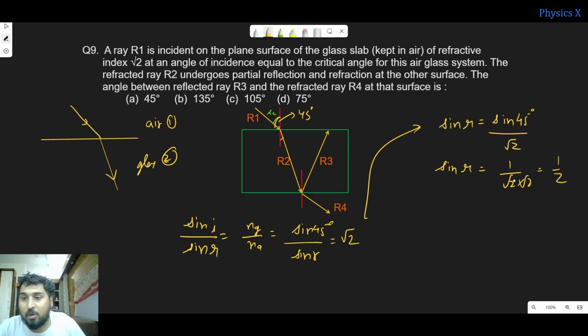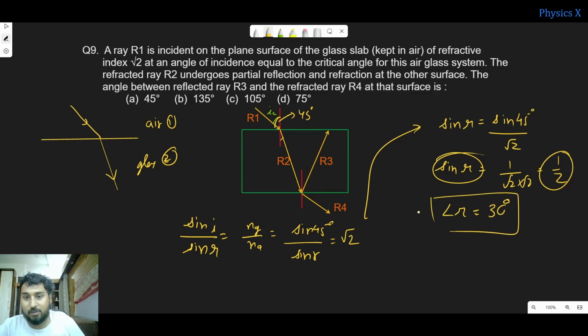So this is 1 by 2. So sin theta is equal to 1 by 2 when the value of theta is 30 degrees. So angle R is 30. This angle is your 30.